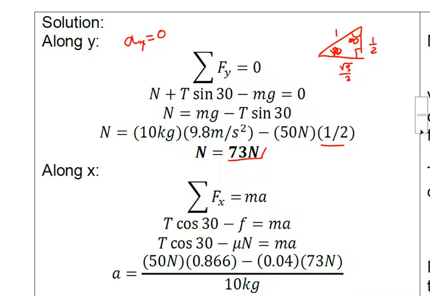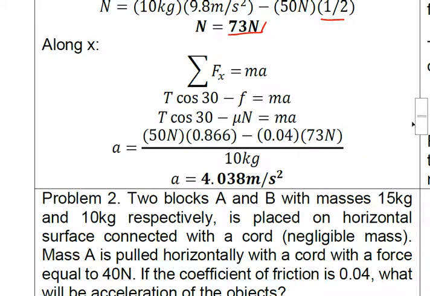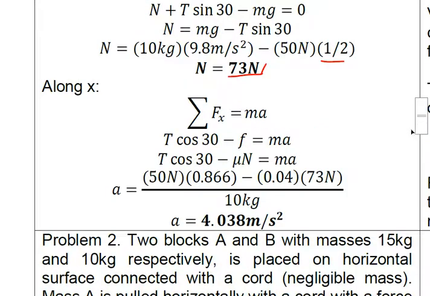Then the next thing is along the x-axis. Along the x-axis we have the acceleration, which is assumed to be in the positive x direction. So you have the summation of Fx equal to ma, because again the system is in dynamics.